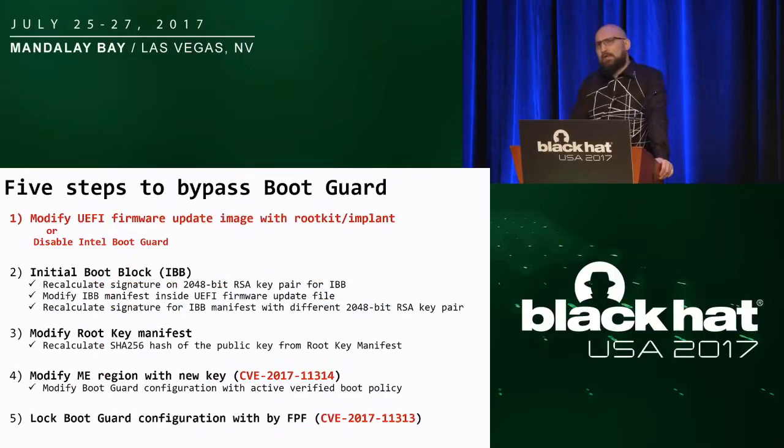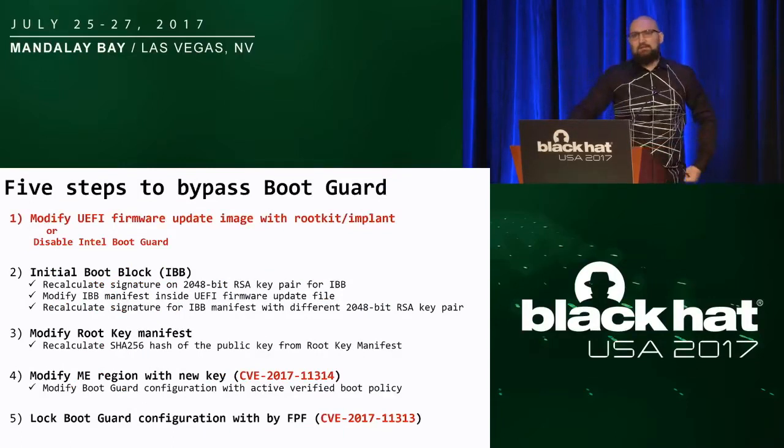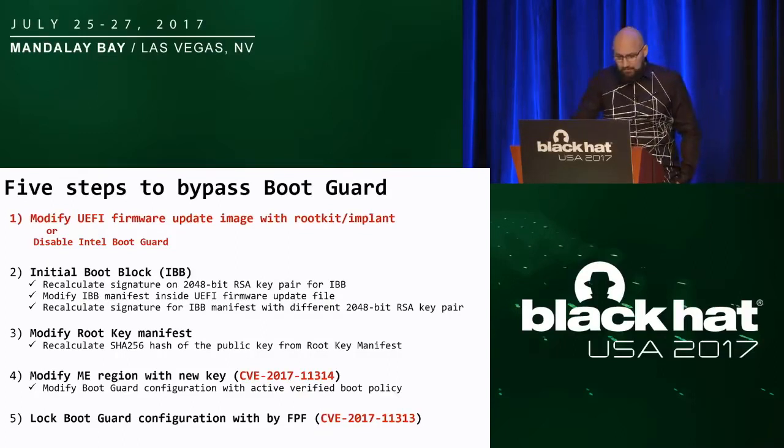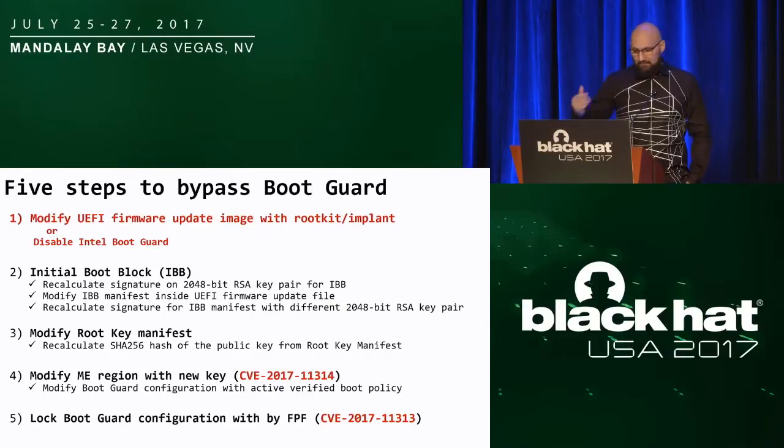Okay, how can we bypass the boot guard? I actually discussed it already. We need memory management read and write to be able to check and modify the programming fuse if it's not already programmed. And we already recovered all the manifests and all the key structures for all the main components.